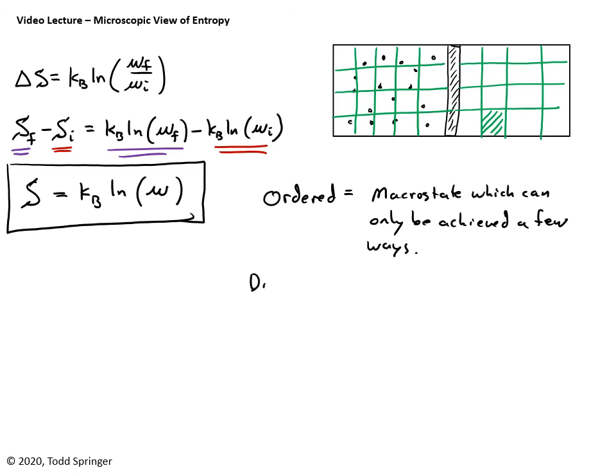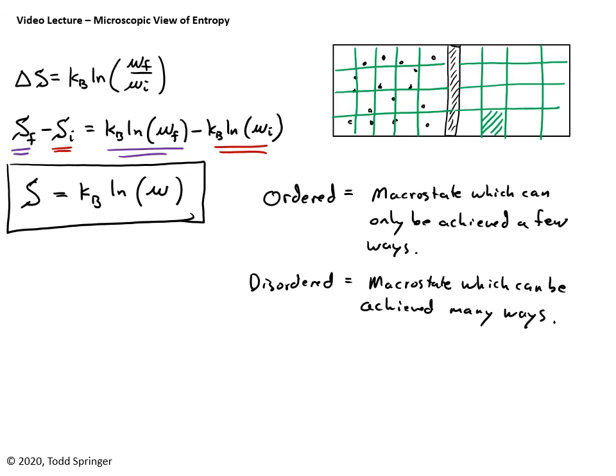Something which is disordered is a macrostate which can be achieved many ways. So when you say entropy is going up, you're saying that the number of ways that things can be arranged is increasing. Let me try to give an analogy of this.